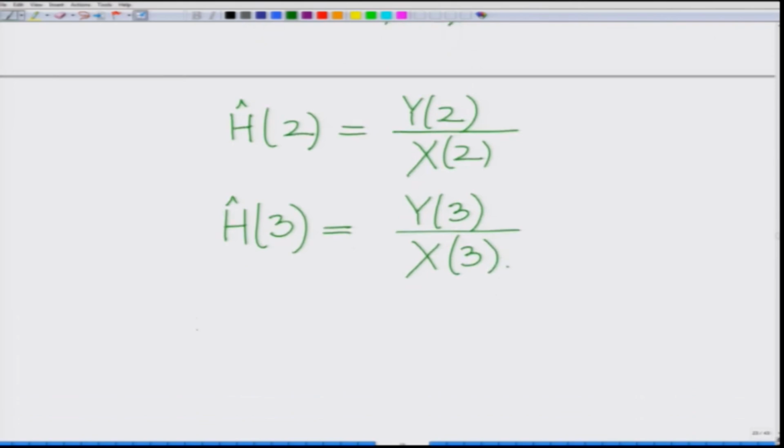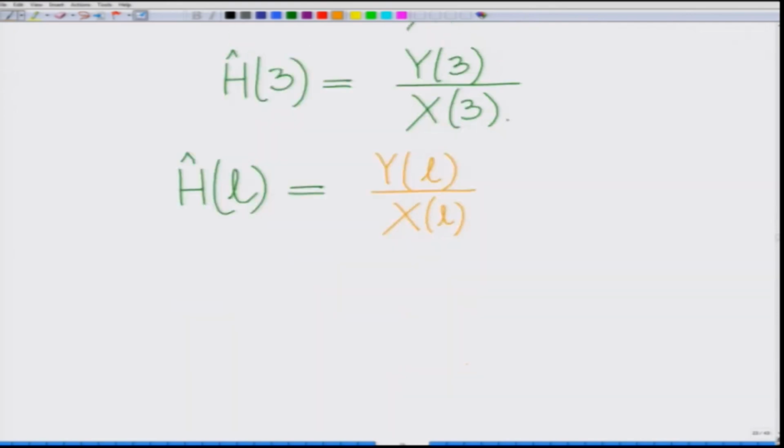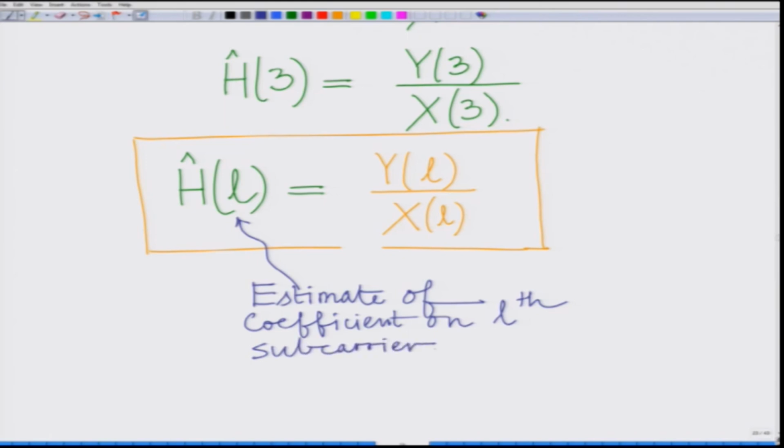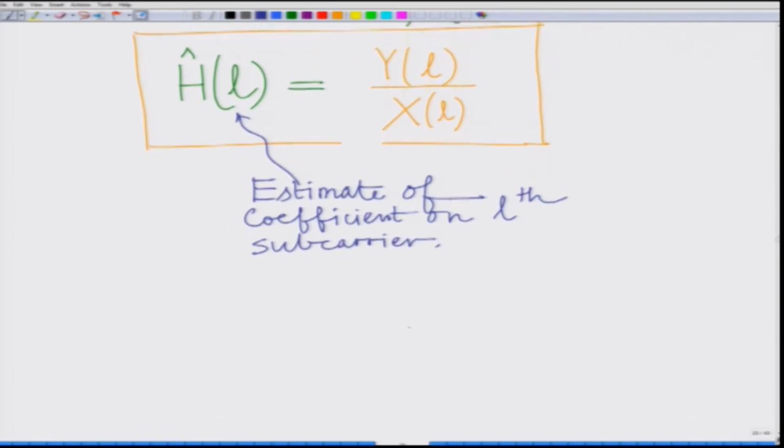In general, the estimate of the coefficient on the Lth subcarrier, h hat L, equals y L divided by x L. This is the estimate of the coefficient on the Lth subcarrier.